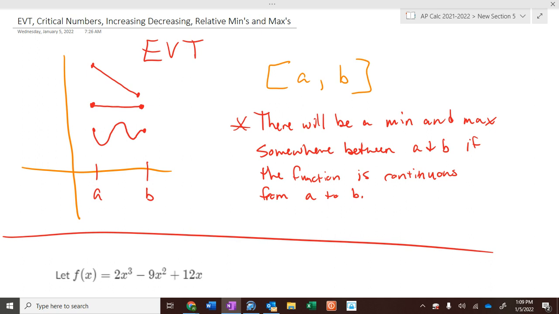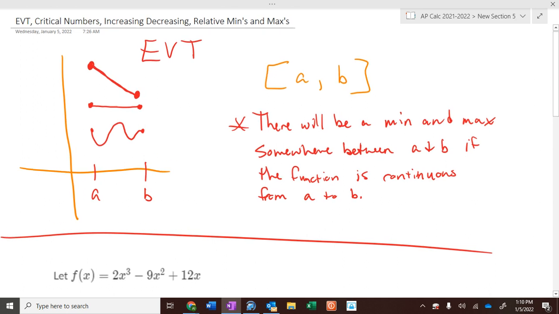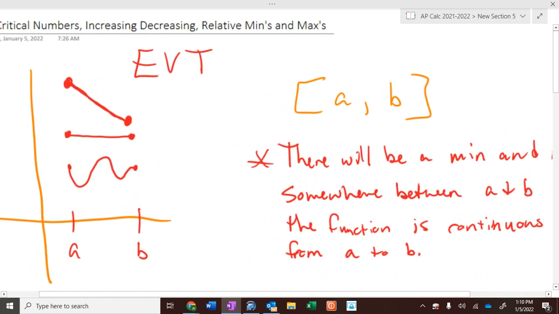So here are 3 examples of functions. In the top one, obviously the maximum's at the top, the minimum's at the bottom. The second one is supposed to be a horizontal line.